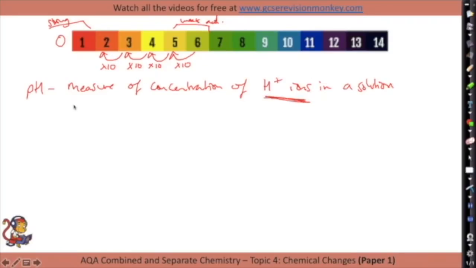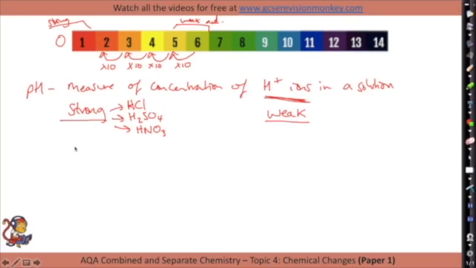But the words strong and weak acids also refer to particular types of acid. Strong ones are the ones that you are probably used to using in your lab. So for example, hydrochloric acid, sulfuric acid and nitric acid. Note that they all start with H because they're all producing hydrogen ions.